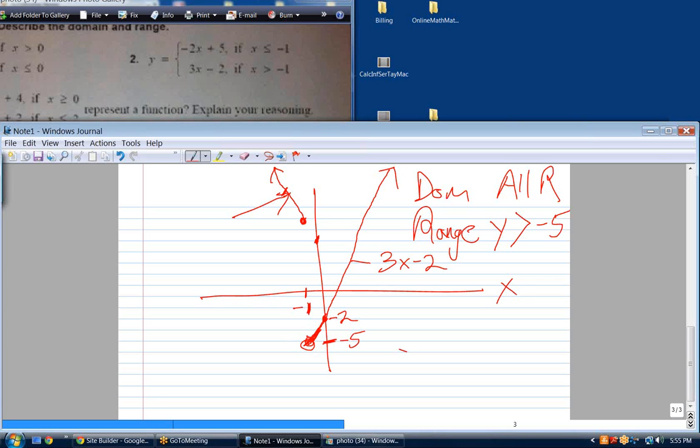So there's no way for y to ever actually get to be -5. However, it goes down and approaches that with the open circle. So that's why we use the greater than sign and not greater than or equal to. All right.